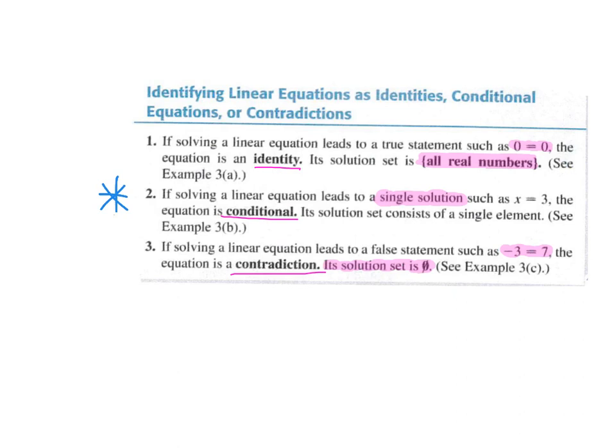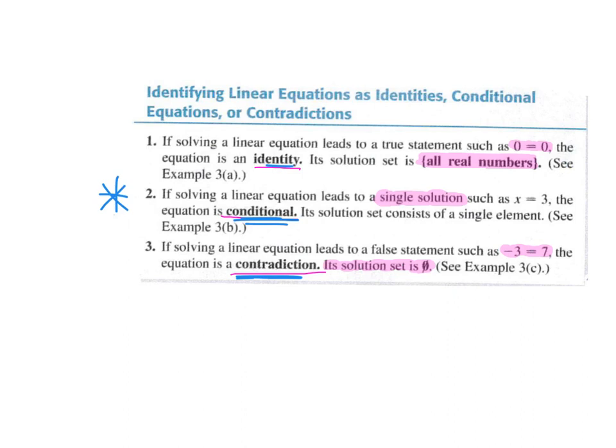Now, I'm not going to expect you to know contradiction, conditional, identity, but if you ever happen to see these words on a standardized test, you can maybe remember that an identity is when your answer is all real numbers. So it's like the same thing equals the same thing. A conditional is one solution, a single solution.